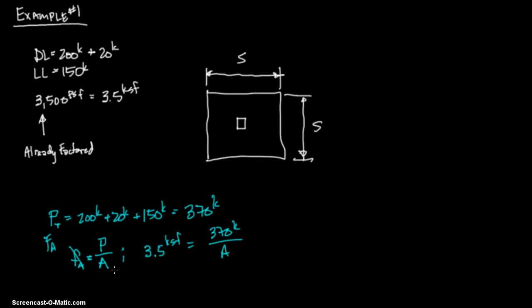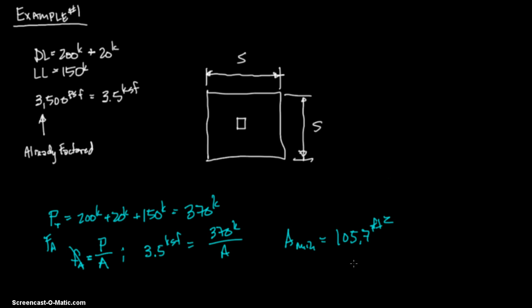And to get that, we simply do 370 divided by 3.5, and we get A, and that's the min area that you'll need, is 105.7 feet squared, since we have kips per square foot.